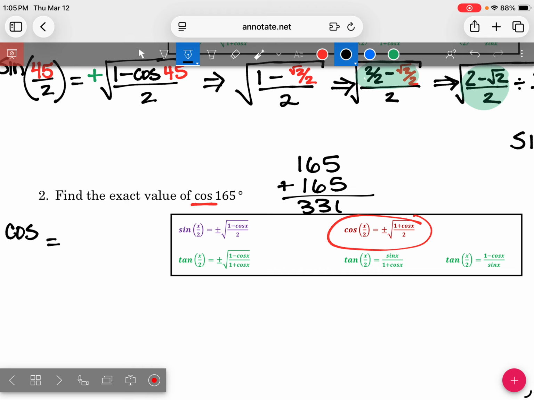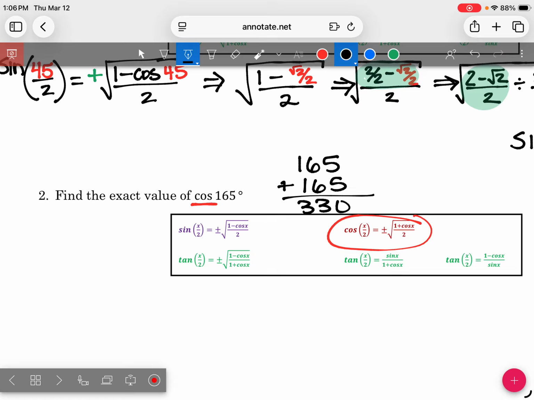330? All right, good. So I'm going to take the cosine identity, so I'm going to have cosine of the angle is 330 divided by 2. And that's going to equal negative, hold on, let me bring that down because I don't have enough space.